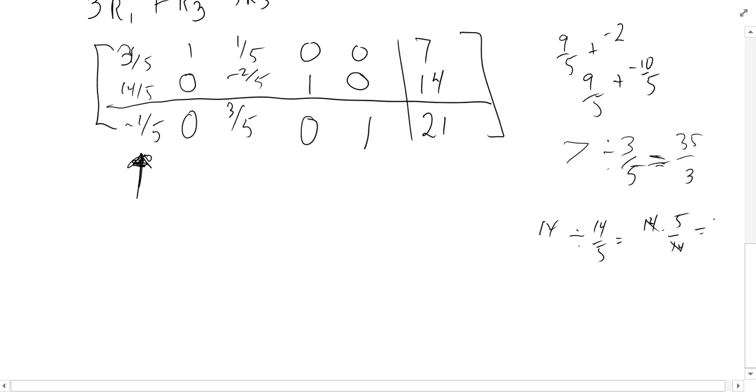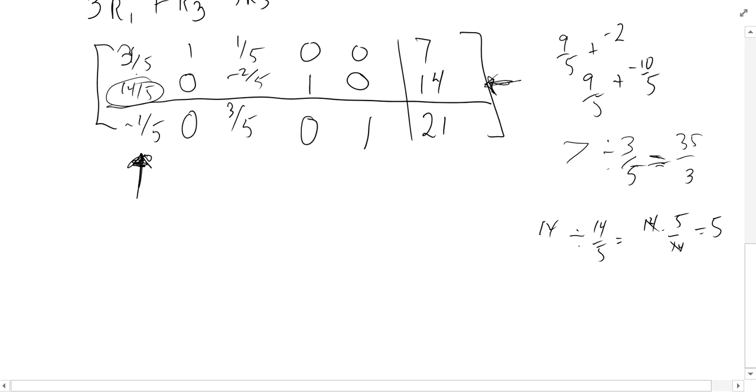The 14's cancel, I'm left with 5. So I want to know which one of those two is smaller. 35/3 is about 11, it's a little more than 11, so that's pretty big relative to the 5. So my pivot row would be the second row, and so my pivot is going to be that 14/5 there.